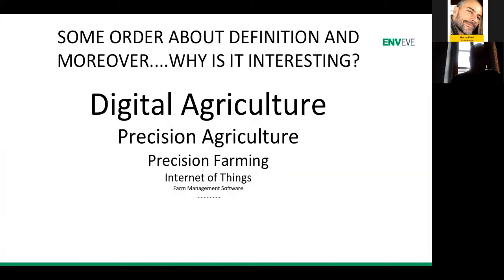Let's take a step back and put some order into many definitions. Now we are talking about having many words, from digital agriculture to precision agriculture, precision farming, Internet of Things, farm management software.